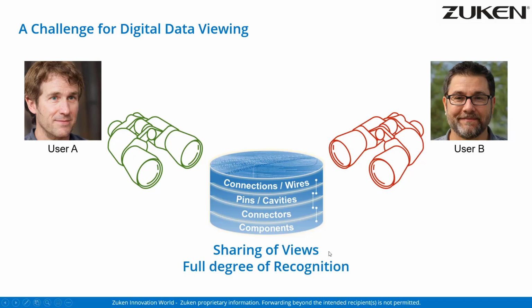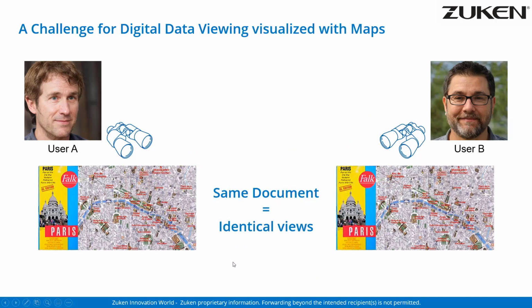Sounds strange, so I want to explain a little bit what I'm talking about. Looking at our old example with the maps, as long as we had real documents in the map area, of course, if both users look at the same document, then they also have the same view, exactly the same information that they see.